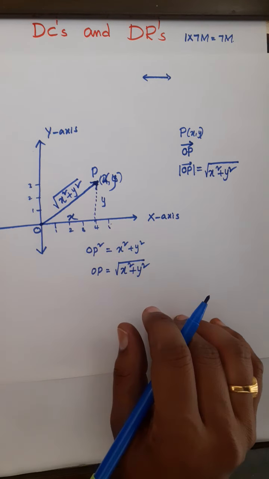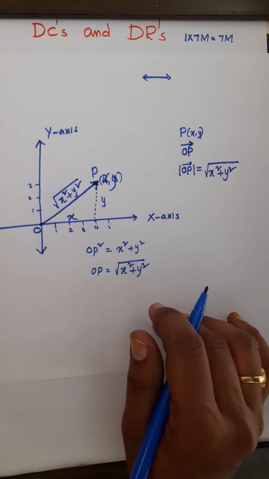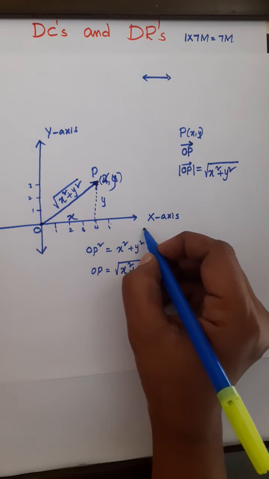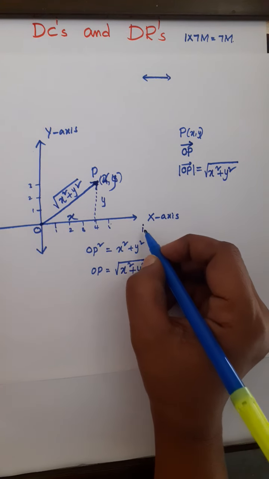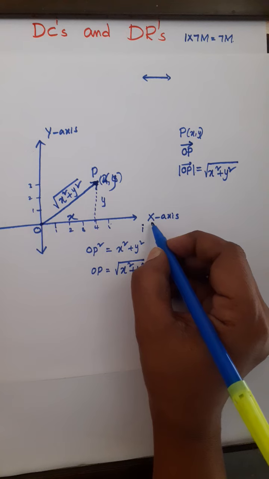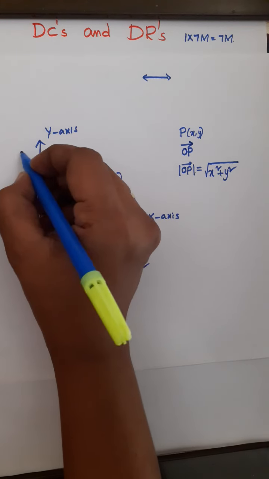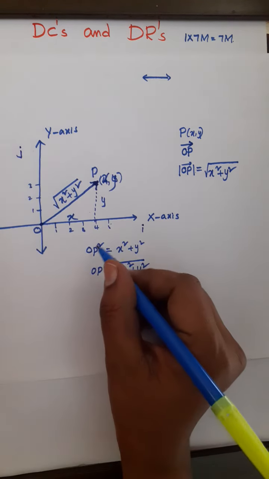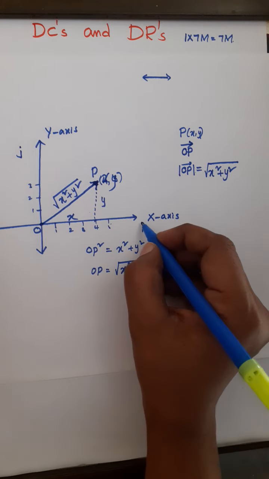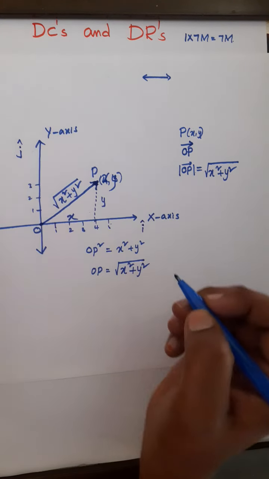I am talking about these things in a two-dimensional plane. Okay. So now, I am considering i as a vector representing the x coordinate and j as a vector representing the y coordinate, and we take i cap and j cap like that.